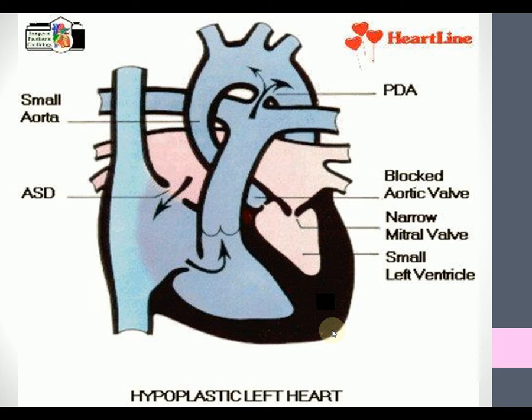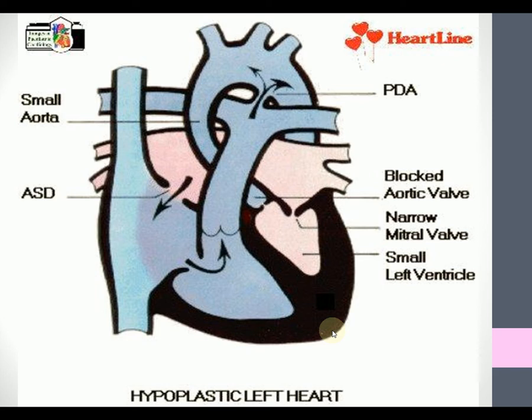The left heart's just almost unable to function, and it's trying to push up against the blood flow going up to the aorta that has a blocked aortic valve, and it looks like some stenosis going on. So you see it has a lot of defects in here.